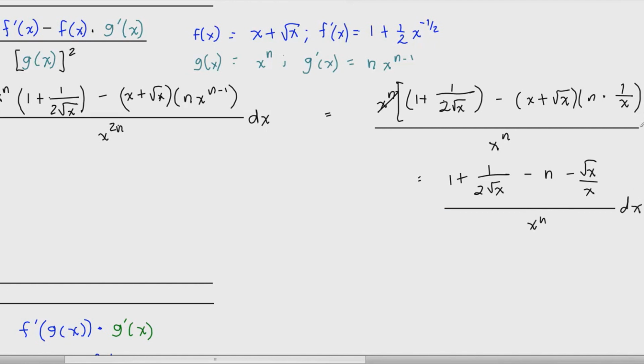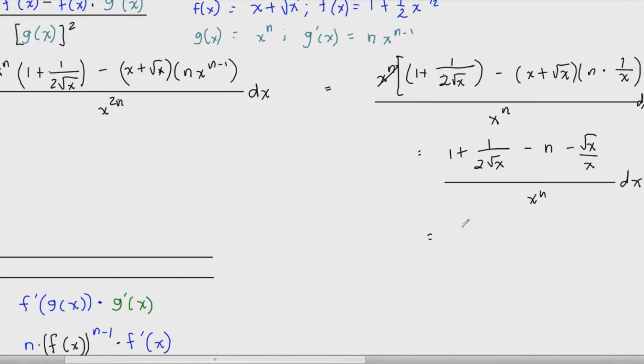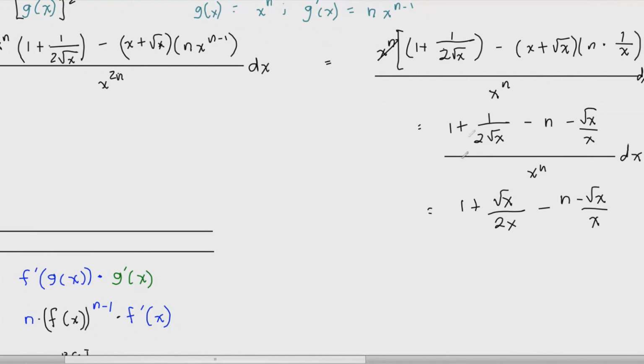dx. So we add dx always. I'll be rationalizing the denominator, so I'll be getting square root of x over 2x, and then minus n minus square root of x over x. This can be further simplified by adding. Actually, guys, you can see there, we can add these two here.